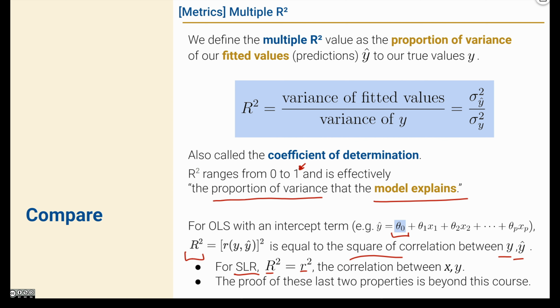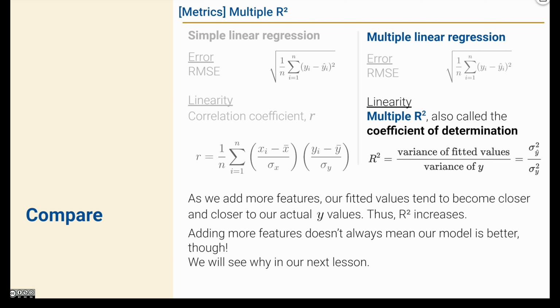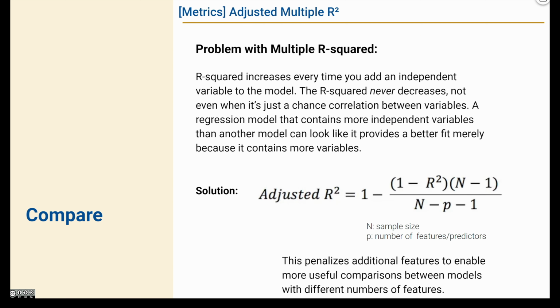The downside of using this metric is as you add more features, the R squared is generally going to increase. And we have to be wary because adding more features doesn't always make a better model. And we'll see that in an upcoming video when we talk about overfitting. But a way to adjust for overfitting and adjust for this issue when looking at our R squared is to use what's called the adjusted multiple R squared.